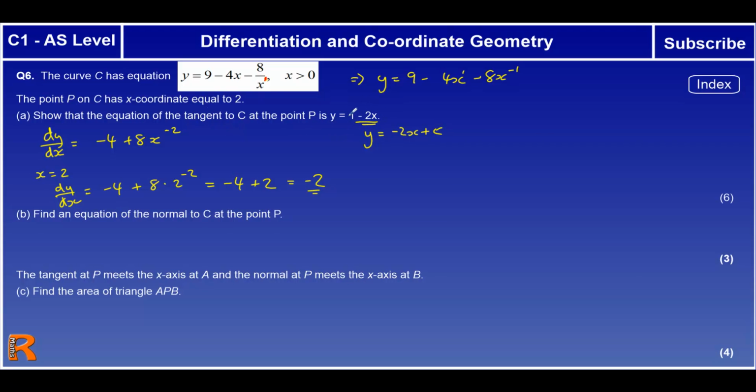So we need to know what the y coordinate is so that when we put a value of 2 in here and the y coordinate here, we can find the constant.